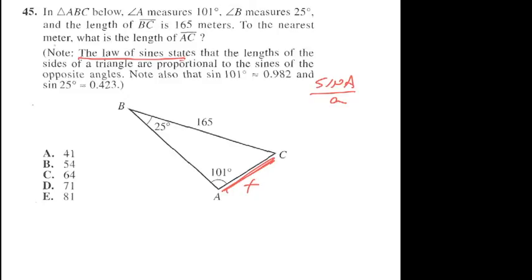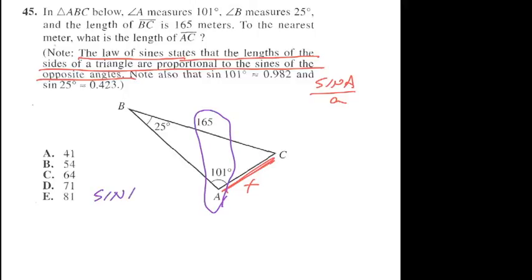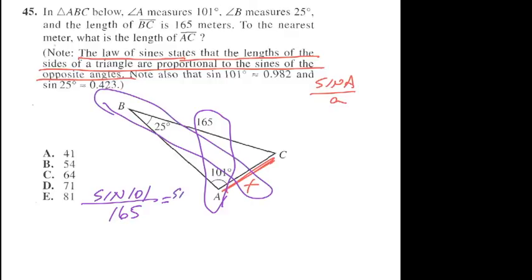The law of sines states that the lengths of the sides of a triangle are proportional to the sines of the opposite angles. That means exactly the same thing. So what we're going to do is take the sine of 101 is to 165 as the sine of 25 is to x.